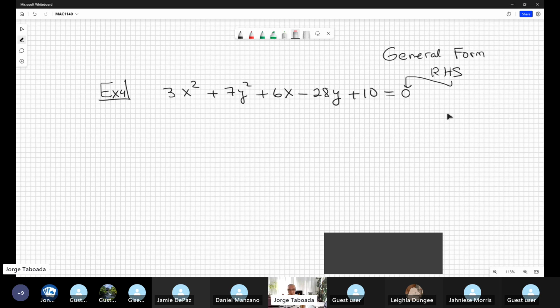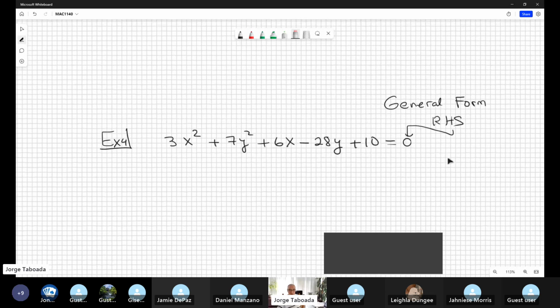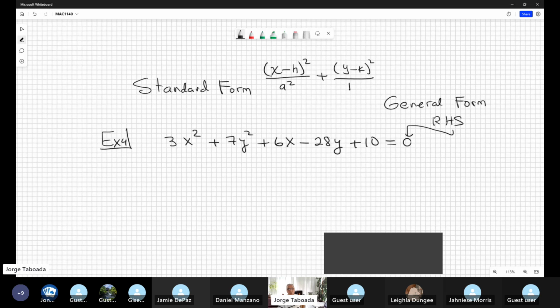No. I need immediately to express this in standard form. And standard, remember, is x minus h squared over, I don't know if it is a squared or not. Suppose it is a squared. Maybe it's a or it's b, I don't know. Plus y minus k squared over b squared equals 1.